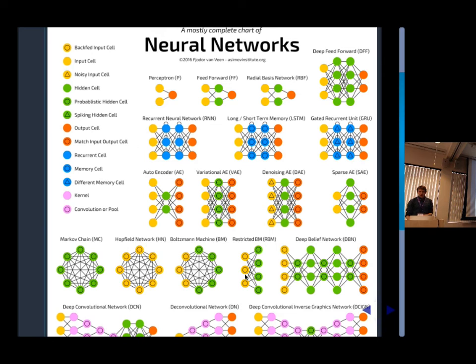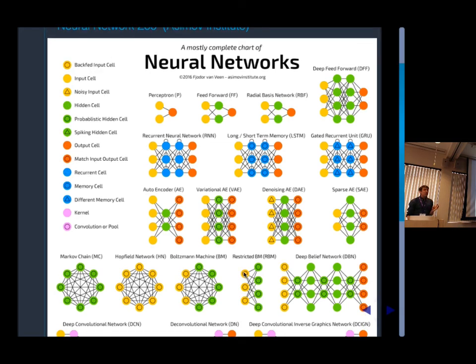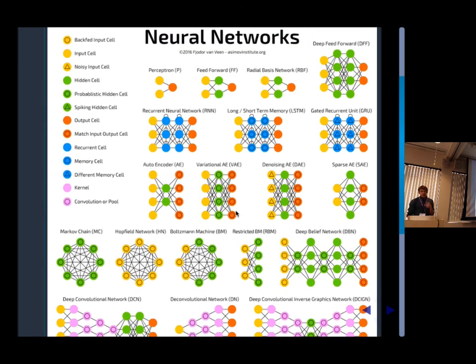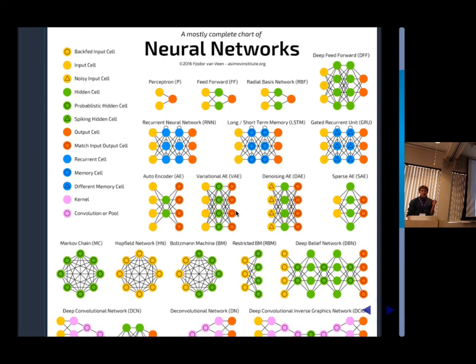We're not going to get into too much detail about any of these. The names that you've probably heard before, maybe in the context of other lectures that we've already given, are feed-forward network. Recurrent neural network is something that we'll talk about.